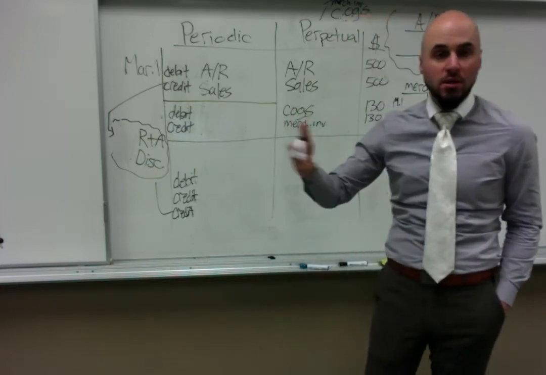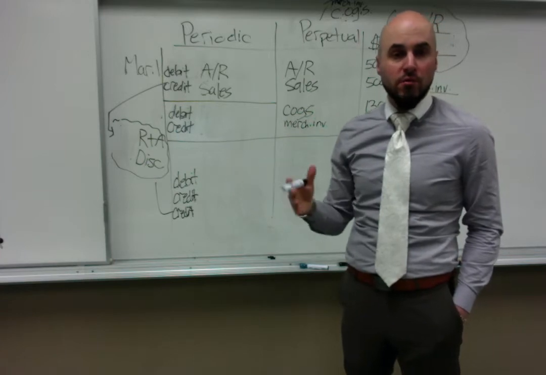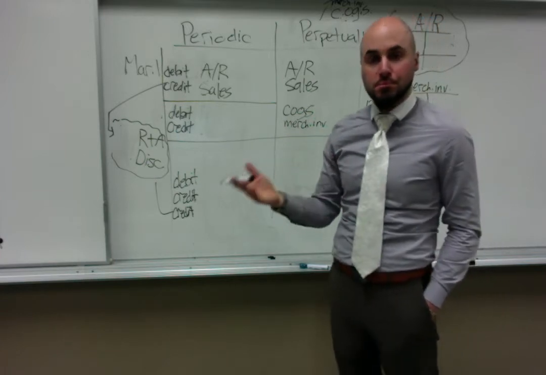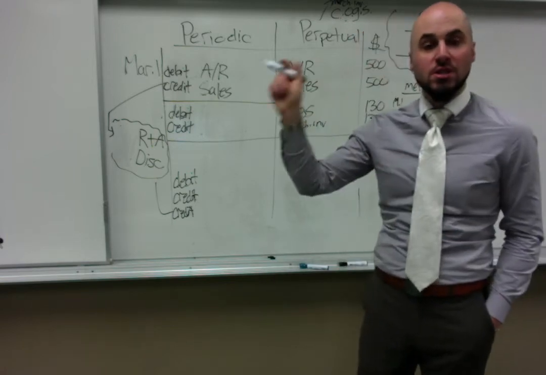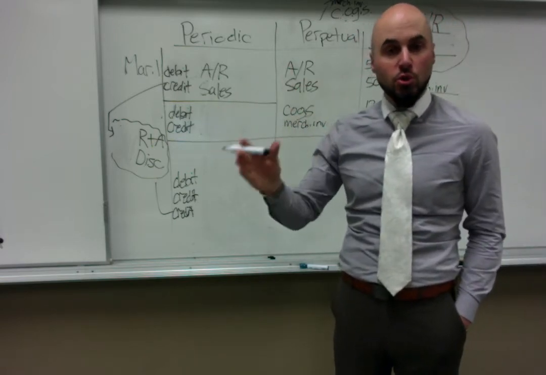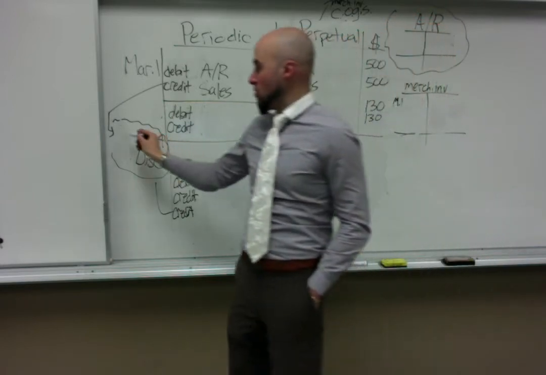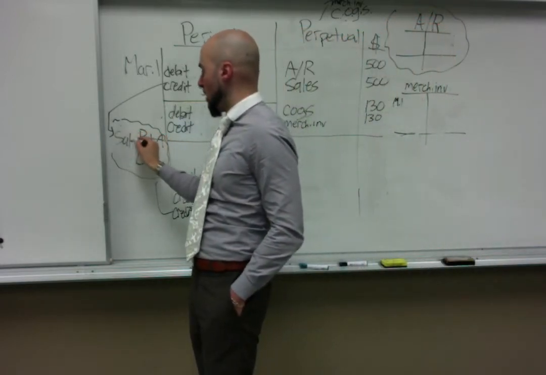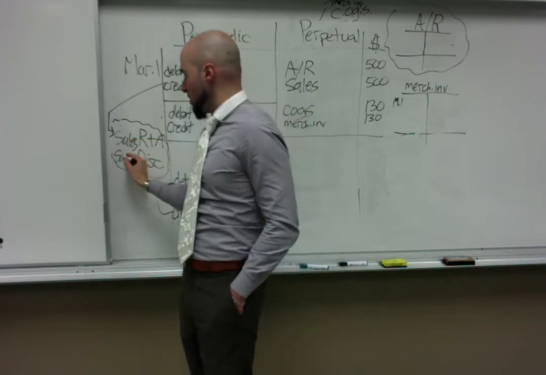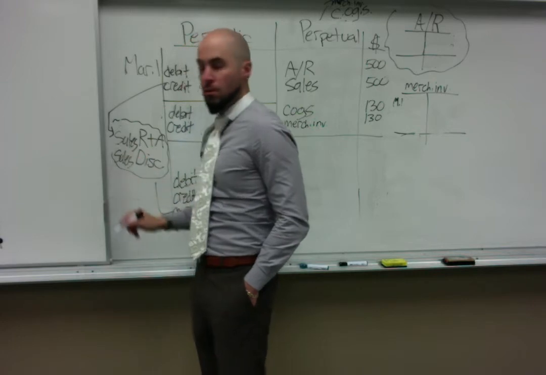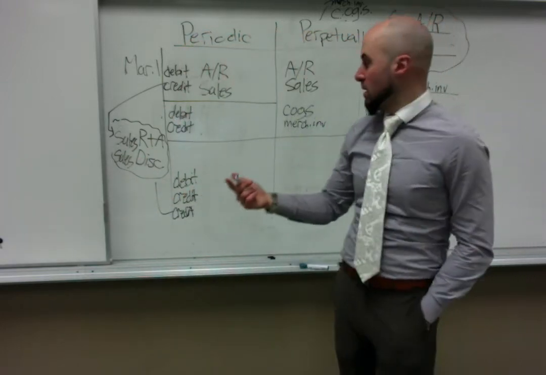Quantity, size, color, shape, product, whatever it is, defective product. They want a reduction in the price. We're using sales returns and allowances either way. So it just depends on who's doing it. In this case, the customer might be returning something, so we would be calling that a sales return and allowance. And then, of course, sales discounts instead of purchase discounts. Okay?